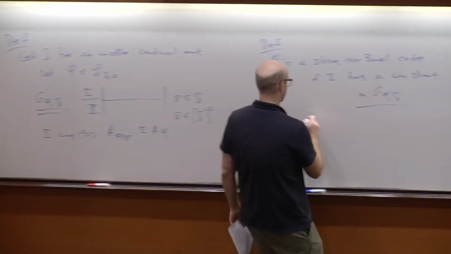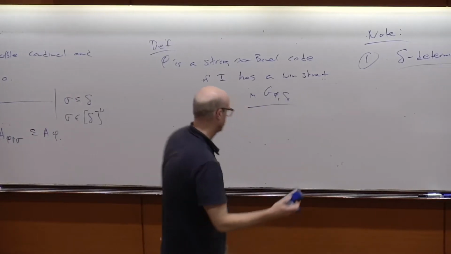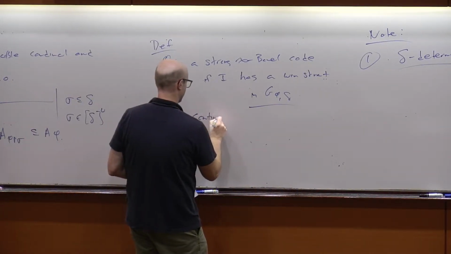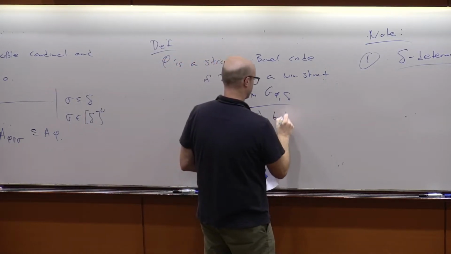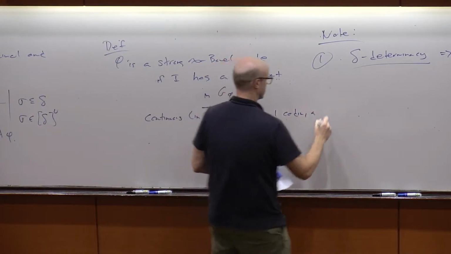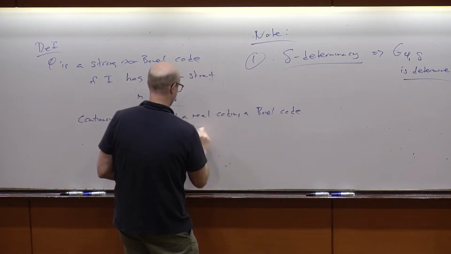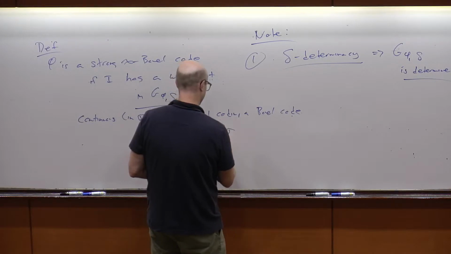So continuously build, as sigma is built, a real coding, a Borel code for phi restricted to sigma.